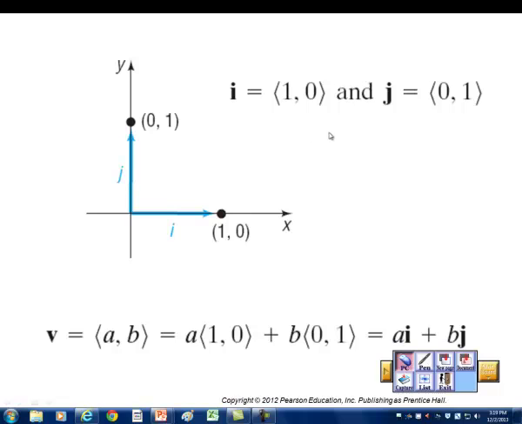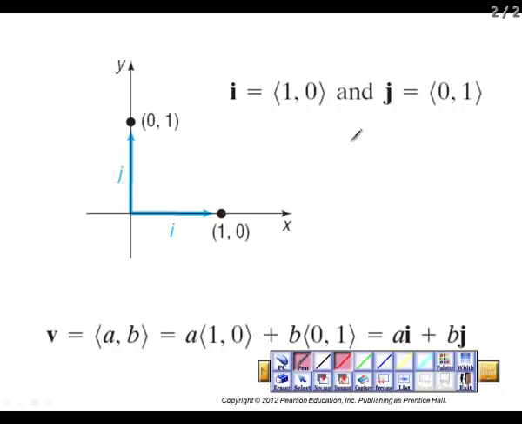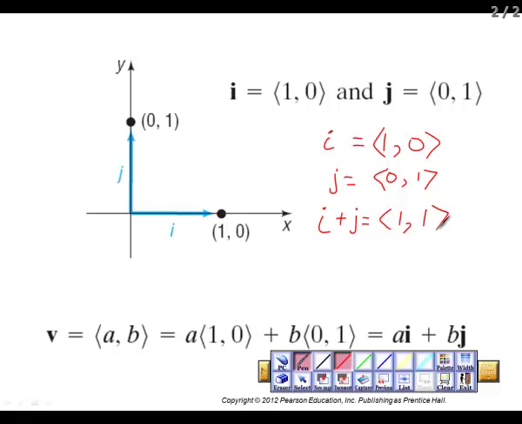What we could do here is add these two together. Basically what I like to do is work them vertically. Vector i, that's 1, 0, and vector j, that's 0, 1. So vectors i plus j would be 1 plus 0, that's 1, and 0 plus 1, that's 1.